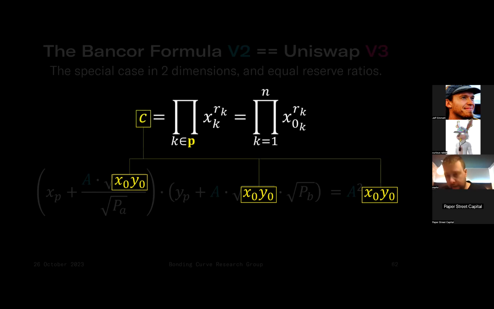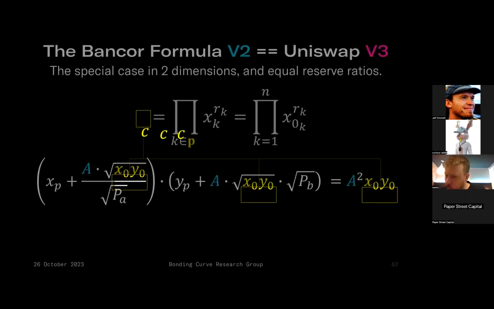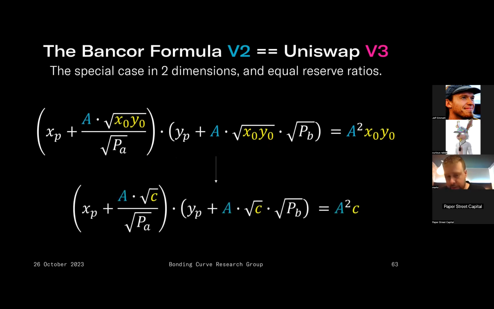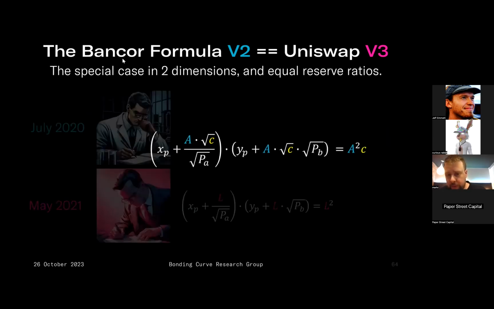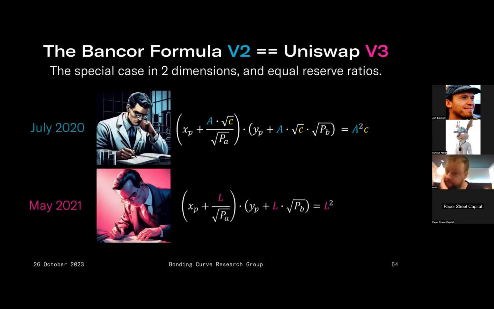Again, just for the sake of repetition, recall that this C term is the hyperbolic constant. And if we wanted to, we can substitute out these x0, y0s just for square root of C in this case.